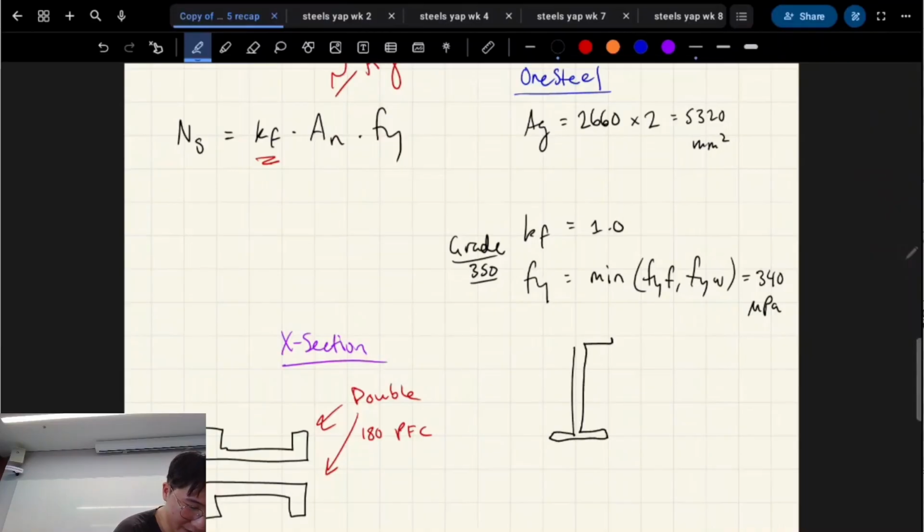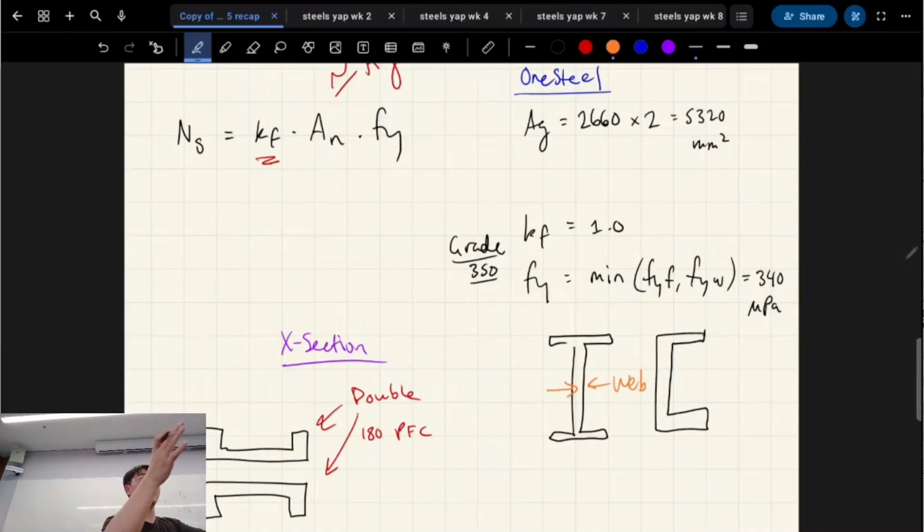So if you guys have no clue what I'm talking about, let me pull it up. Say an I-beam, right? I'm going to compare it with an I-beam and a channel. Your web definition is based on the area of the thinner width, right? And that's your flange. Same thing here. That's our flange.